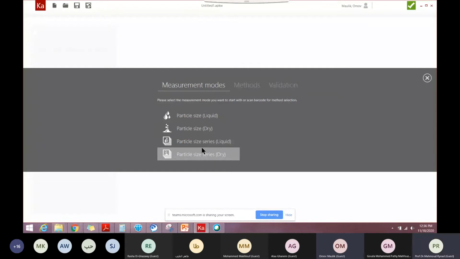Or in case you want to change a parameter and see the variation in the particle size with respect to different parameters, you can use these series measurements. So I will just click on this particle size liquid.